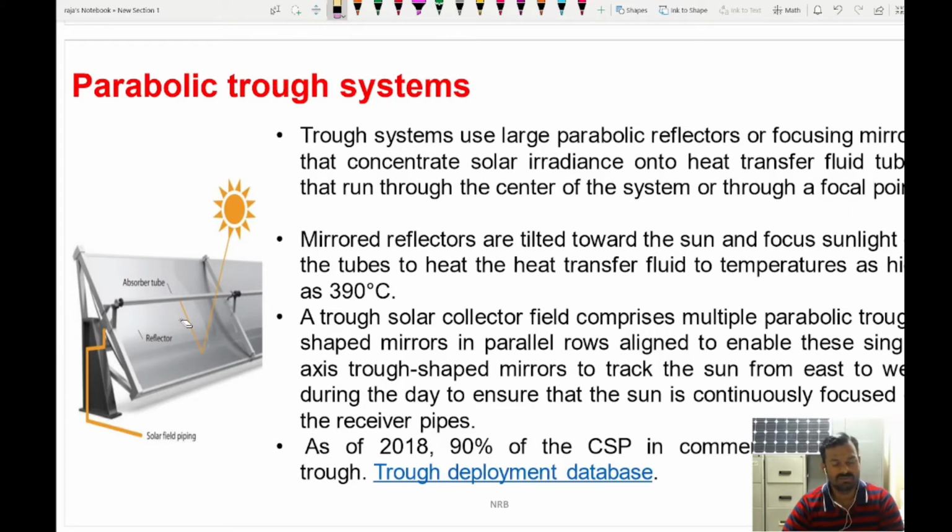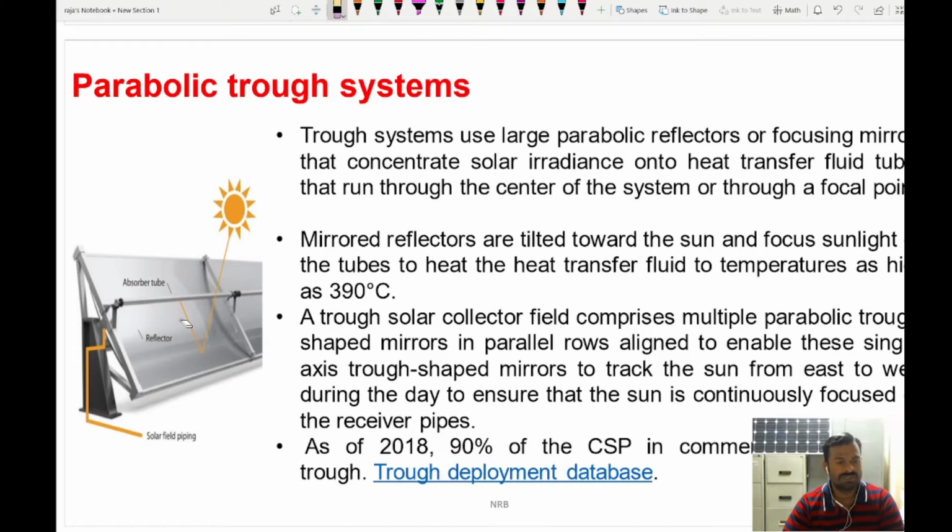This molten salt absorbs the heat from the heat transfer fluid, and it stores the energy in the reservoirs. So when there is no sunlight available, we can release the heat which we stored in the molten salt, so that steam can be produced even during the night time or when there is no light available.